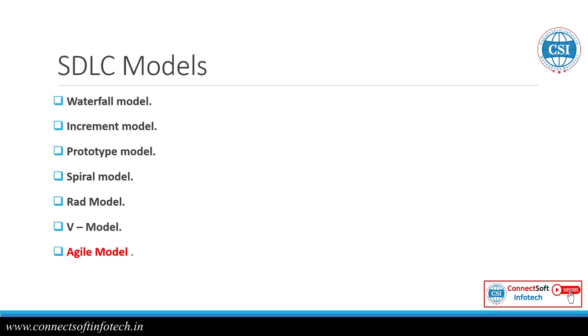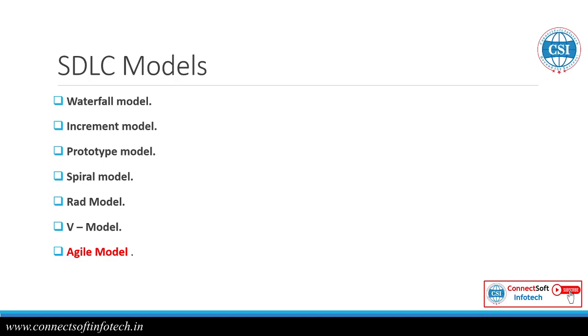And now these are the SDLC models. The interviewer can definitely ask what is SDLC and what phases are involved in it. We can simply say SDLC is the software development life cycle, which is used to develop software in the IT industry using this process.